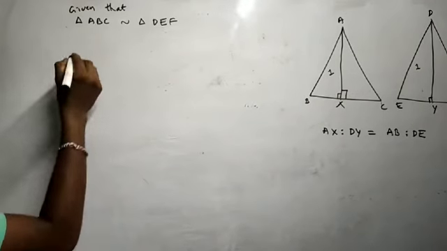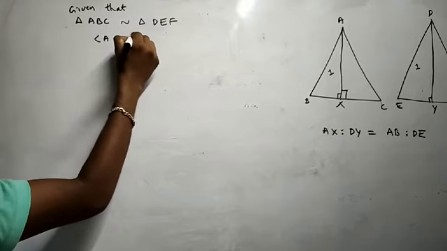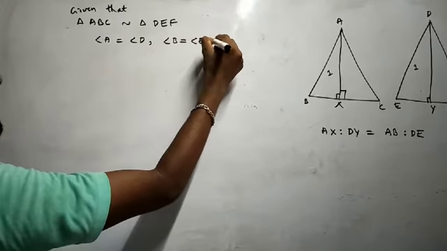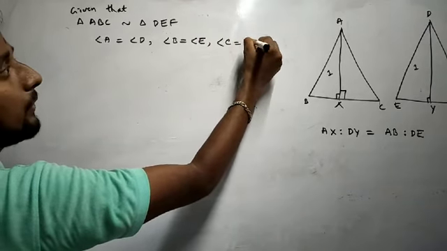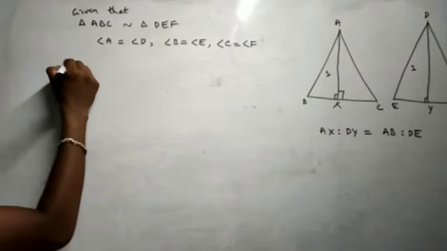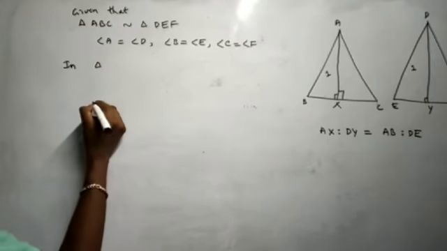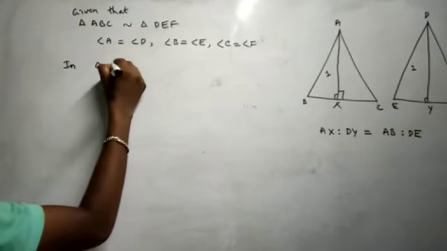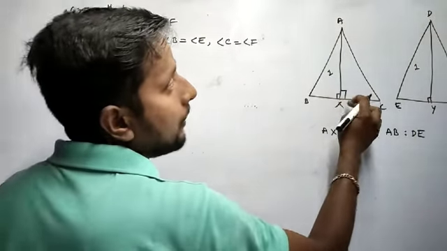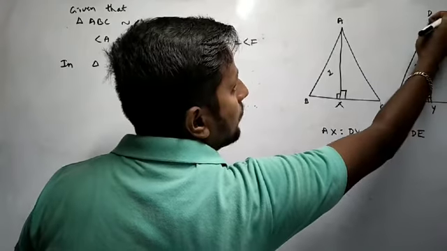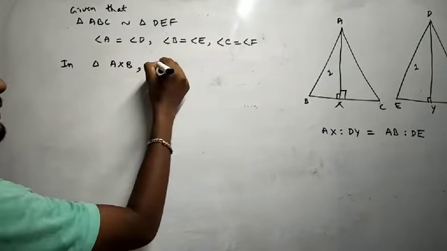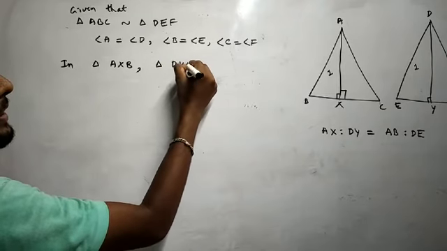So I'll write angle A is equal to angle D, angle B is equal to angle E, angle C is equal to angle F, because both triangles are similar. Now I'm going to compare in triangle AXB, top to perpendicular, and in triangle DYE, we follow the same: top, perpendicular, and corner.